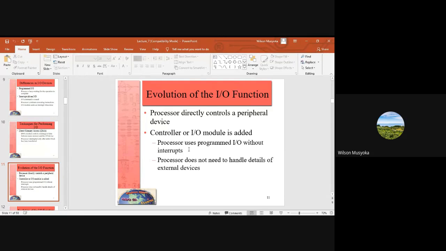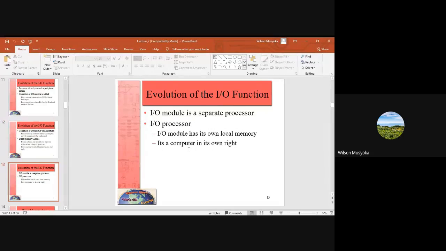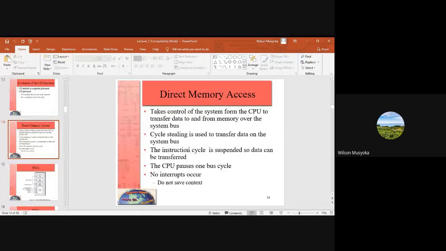So the evolution, I will leave you to read about it, how these things went about their functions initially up to where they are at the moment. This I want you to read until you get to the controller-driven interrupts, up to direct memory access, and looking at the input-output module being a separate processor, which handles its own local memory, and then transfers the function to the main processor after it has done whatever it needs to do, and then the main processor can take over.